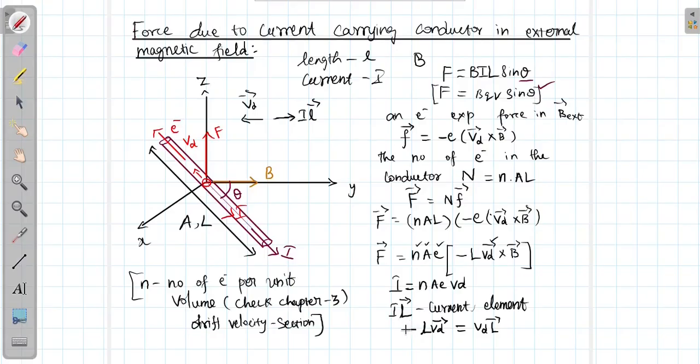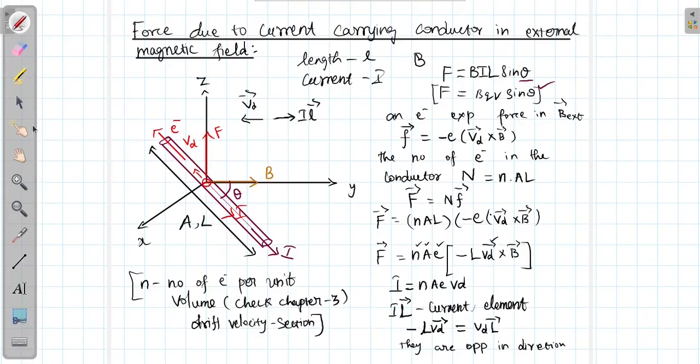A small consideration. Don't get confused here. LVD vector is written as VDL vector because they are opposite in direction. So the only confusing part is here. LVD is written as VDL vector.